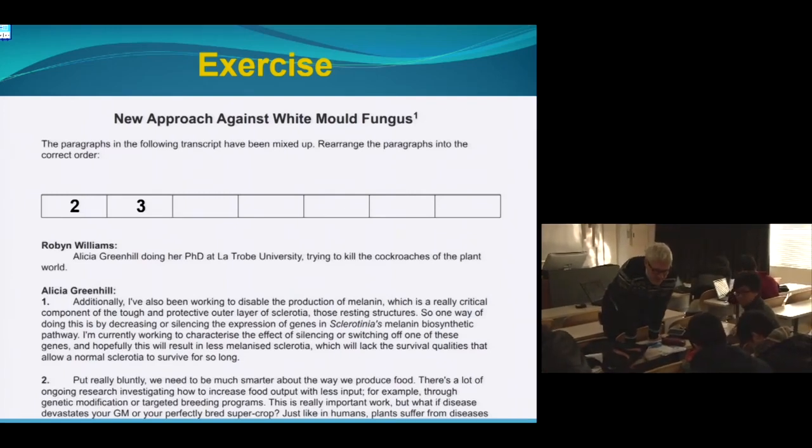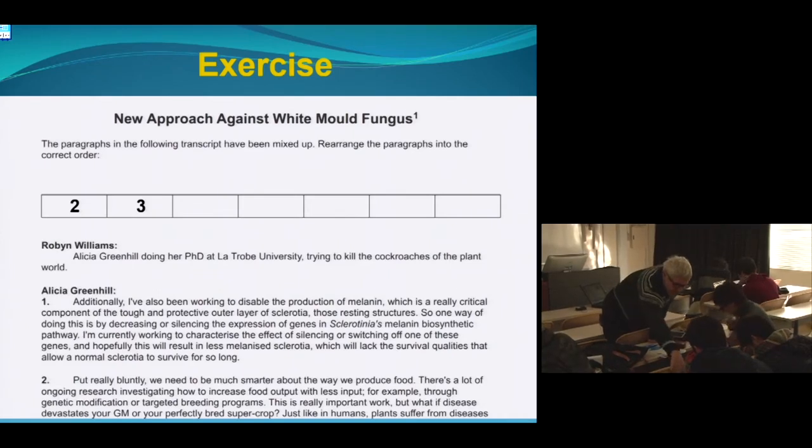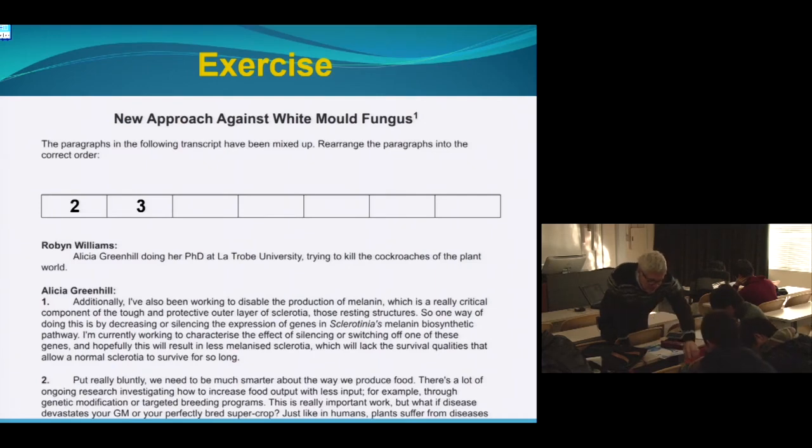And what do you think is the fourth paragraph? This one here. Yes. One. Okay. Why do you think one?